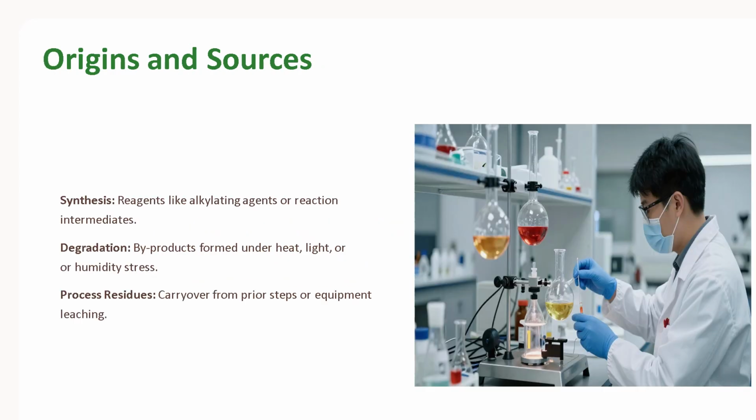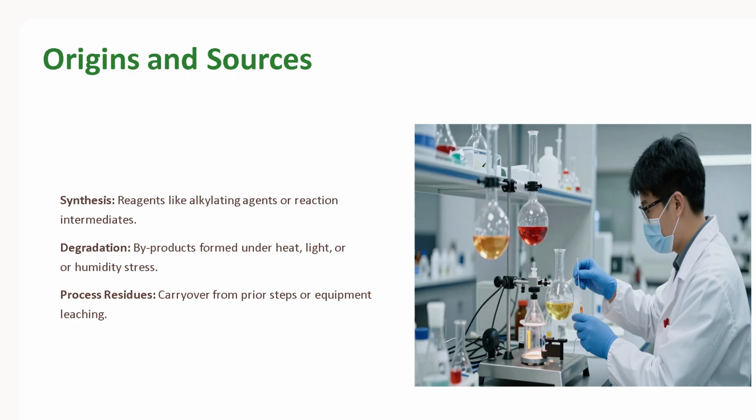Genotoxic impurities can appear at several stages during pharmaceutical manufacturing. One common source is chemical synthesis. During drug production, reagents like alkylating agents or certain reaction intermediates can unintentionally generate mutagenic compounds. Another source is degradation.